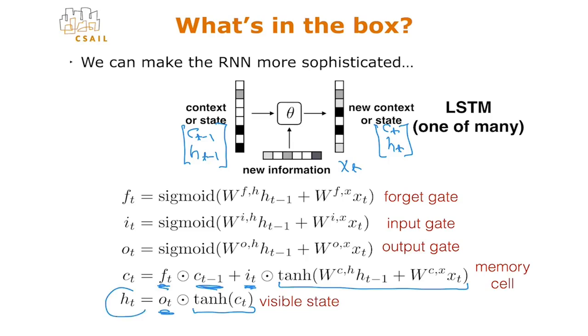And it is this ht then at the end of the whole sequence, applying this box along the sequence, that we will use as the vector representation for the sequence. There are many other alternatives in terms of the more sophisticated recurrent neural network architectures. LSTM is one of them that is still frequently used.